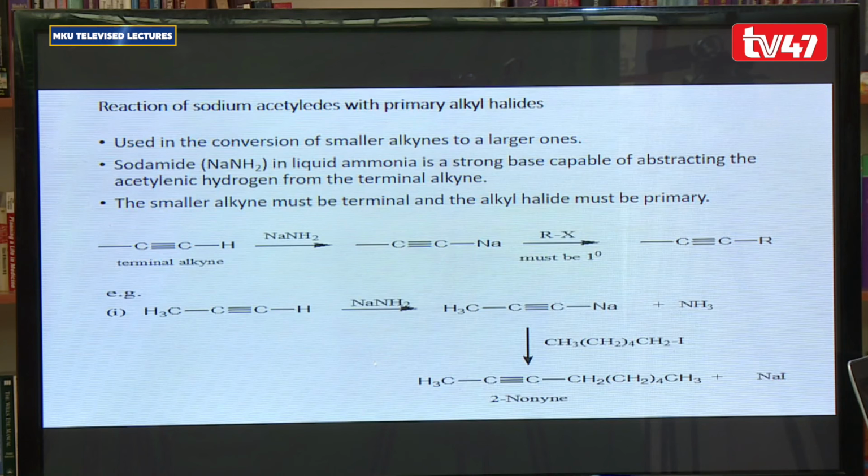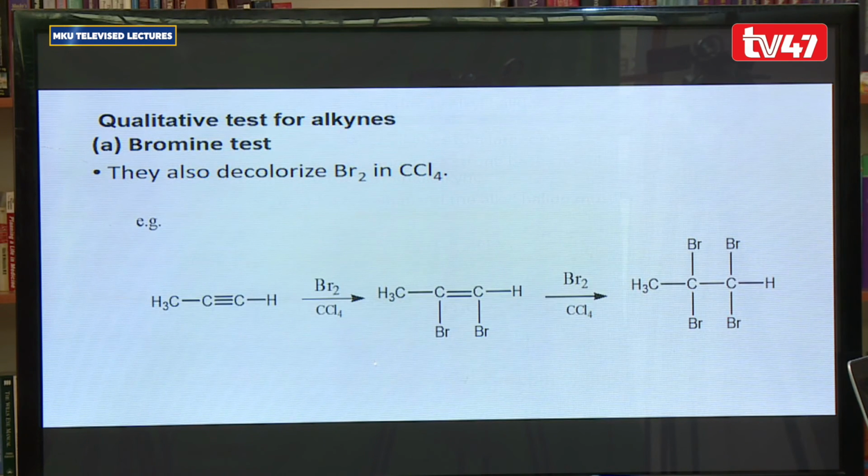First of all, the sodium metal replaces one of the hydrogens, the terminal hydrogen, and then the alkyl group in the alkyl halide will add itself, resulting in a longer alkyne.